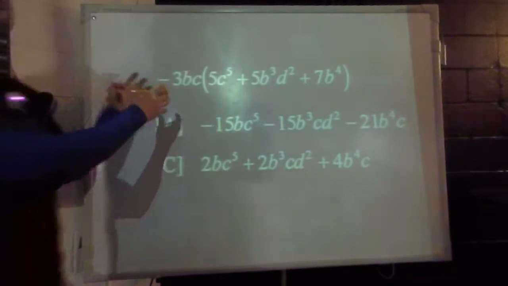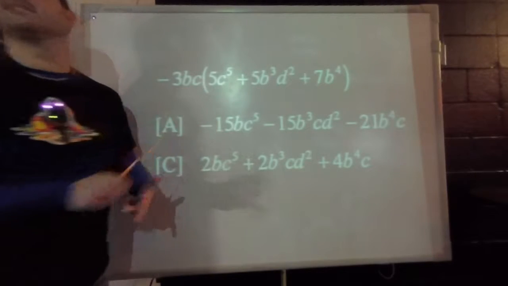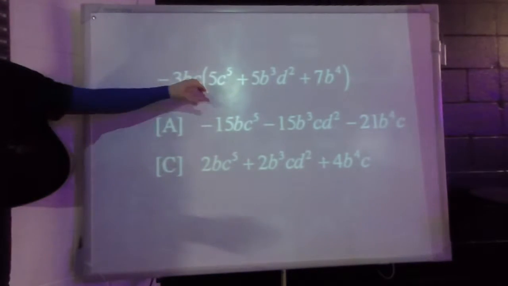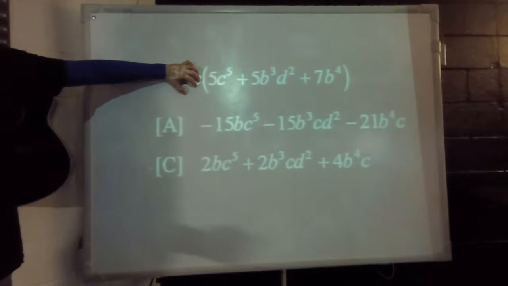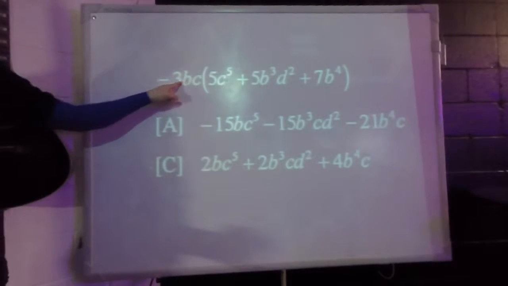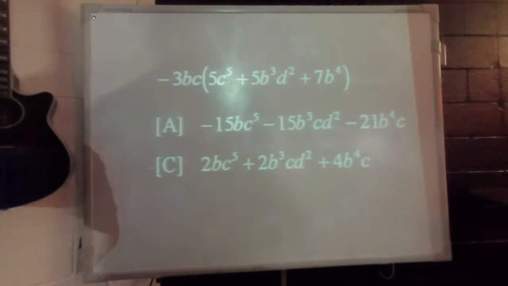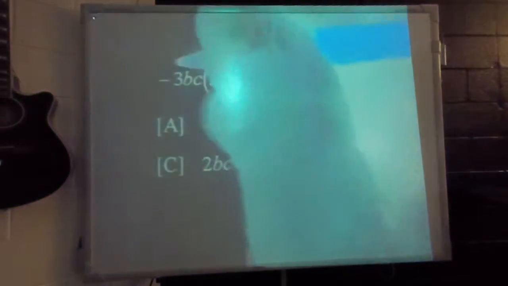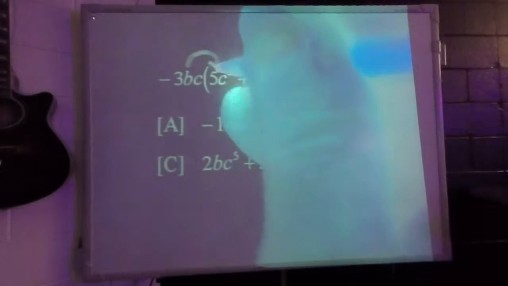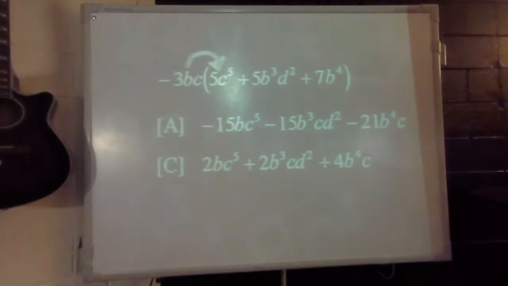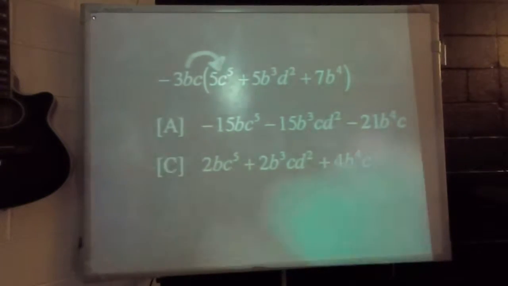All right, so here, your monomial is all this. It looks like 3 things, -3, B, and C, but that is just one chunk because there's no pluses or minuses between them. So that's one monomial and then a trinomial inside. So I'm going to make 3 arcs here. This one times this one. Multiply the big numbers. What do you get? -15. Okay, so negative 15.